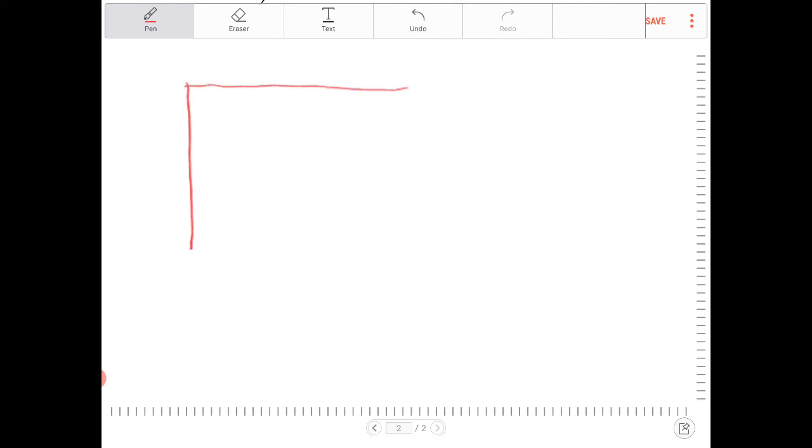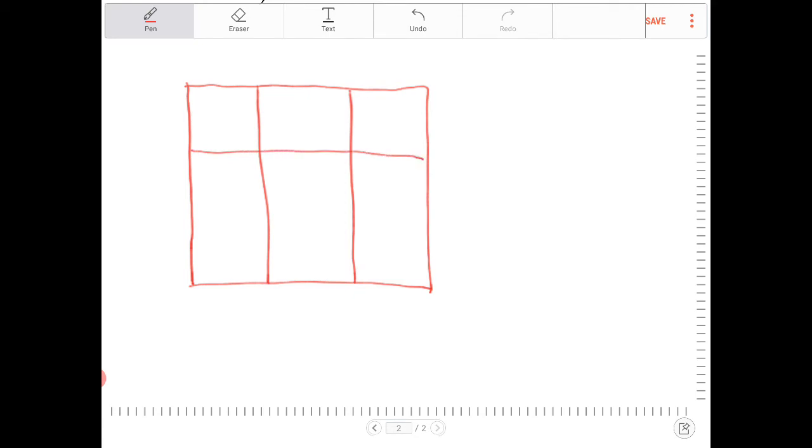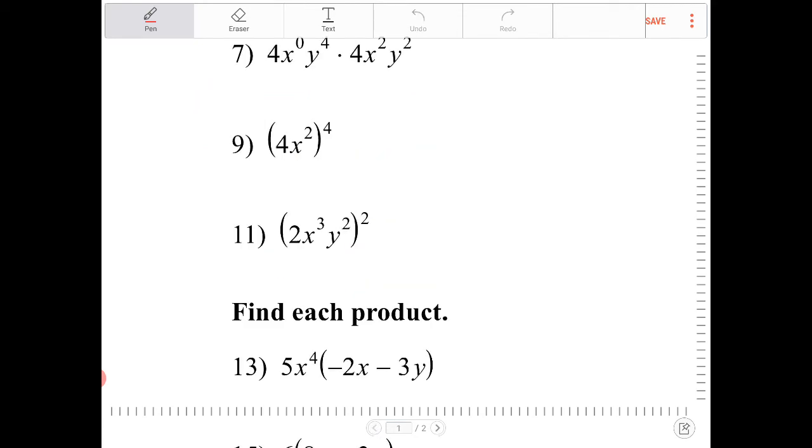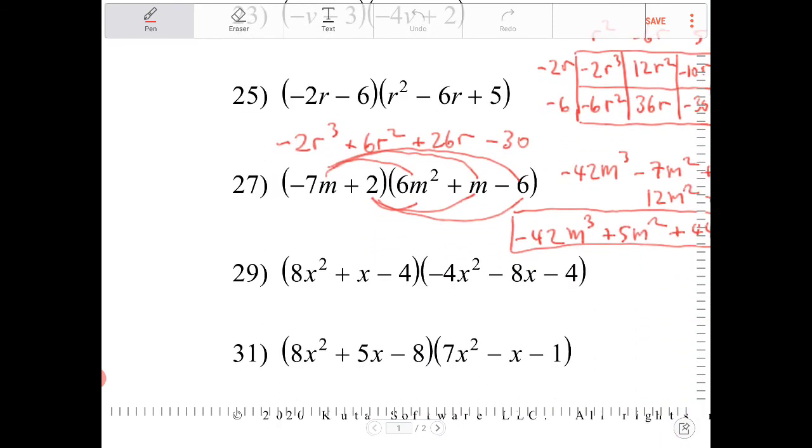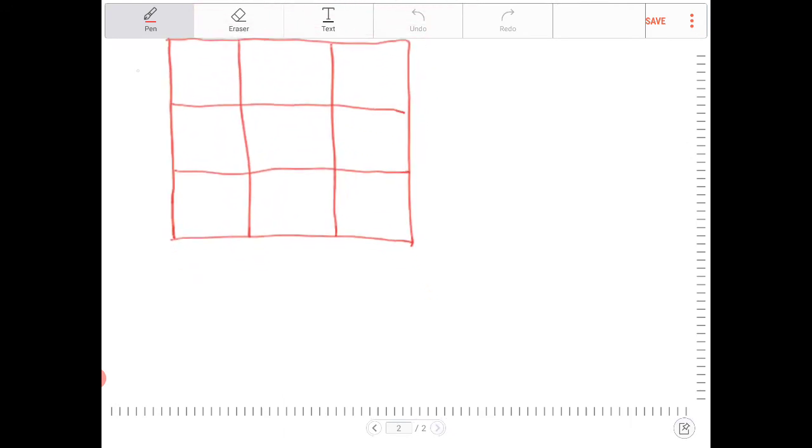You're going to draw this out, okay? And you're going to break this up in this manner, okay? And I forget what the question was. So it was 8x squared, x, and negative 4. There's no particular order to write this in. 8x squared, x, and negative 4.